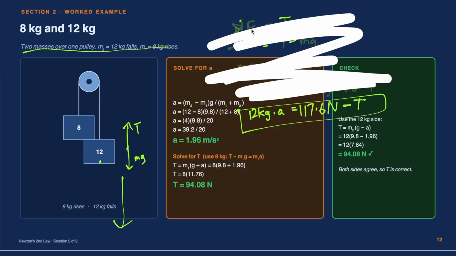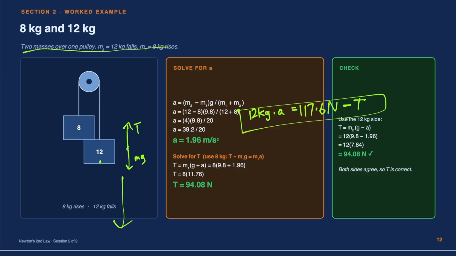Now if I was to do the other equation, which would be for the 8 kg, I'd count its acceleration as positive, right? Because it's going upward. 8 kg times A is equal to, same tension would be positive here as well, and minus mg. So this would become T minus 8 times 9.8, and that's going to be newtons.